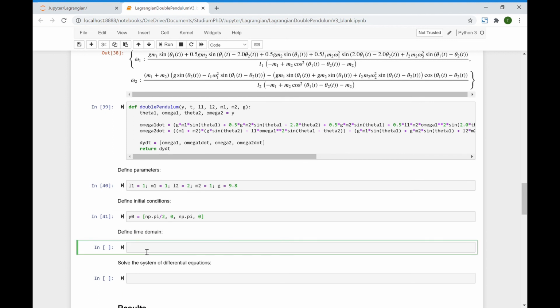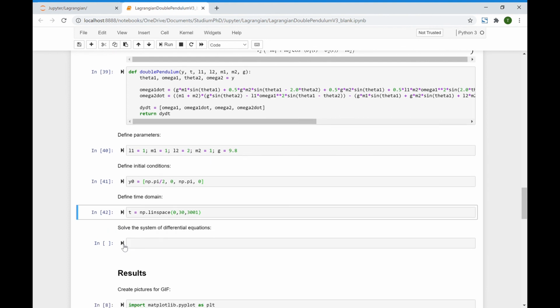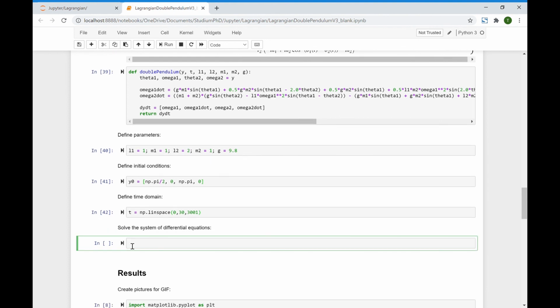So now we define the time domain as in previous exercises, t, using the function linspace from 0 till 30, and we need 3000 nodes. And solve the system of differential equations using the imported package.